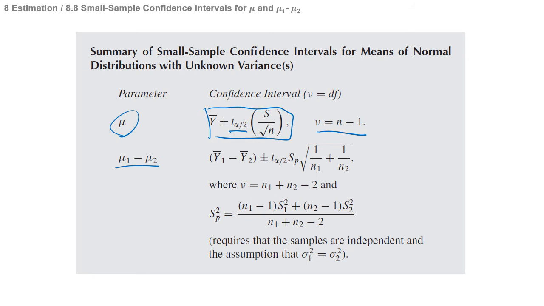And for parameter mu1 minus mu2, you can find the confidence interval using this formula, and the degrees of freedom is n1 plus n2 minus 2. Okay.